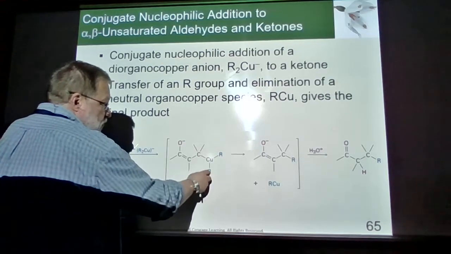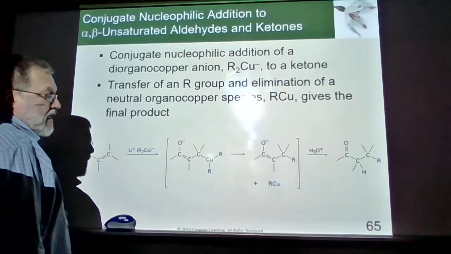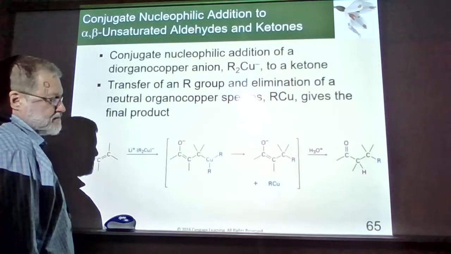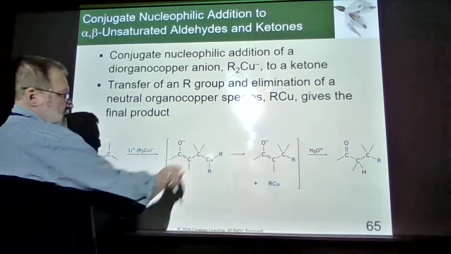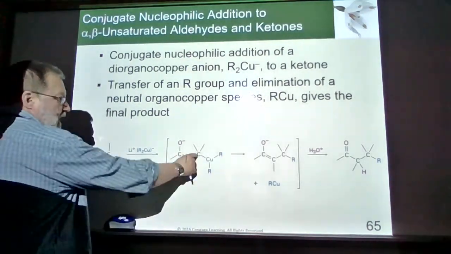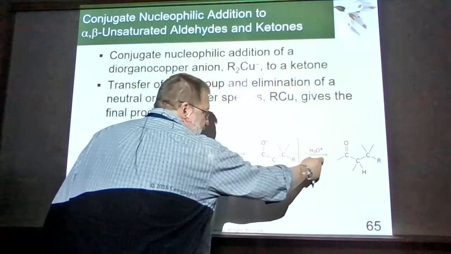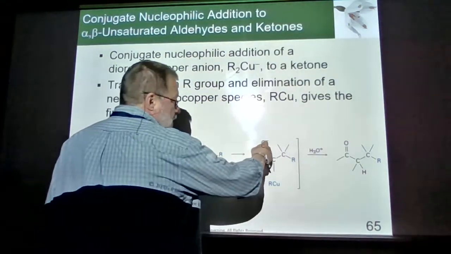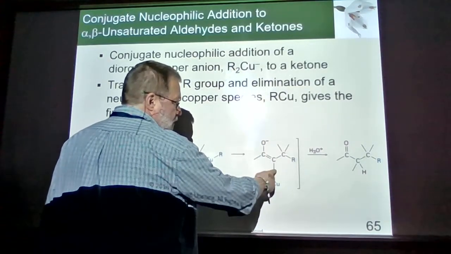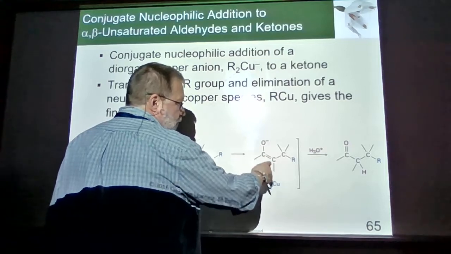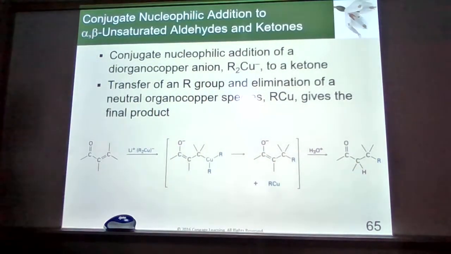You get a transfer of one of the R groups to your carbon, you lose an organomonocuprate. So one of these R groups, since they're identical, gets transferred to your formerly alpha beta unsaturated compound. Last up in the acidic workup, the electrons here flip down to give you the carbonyl. The bond that breaks here picks up a hydrogen to give you the substituted product.